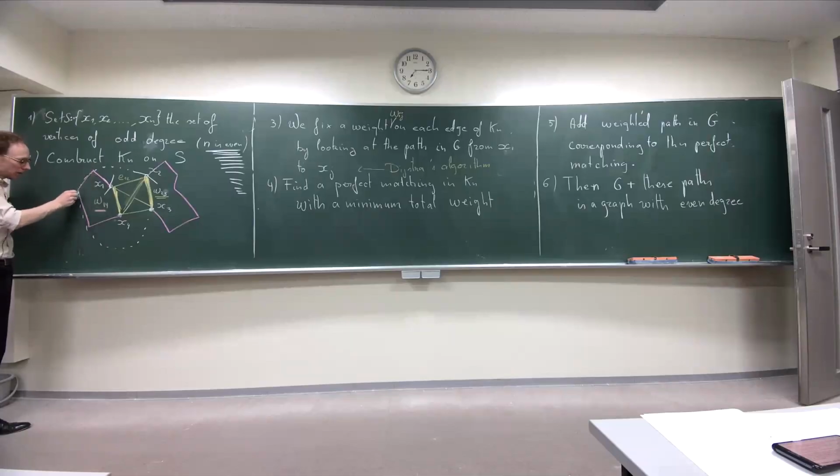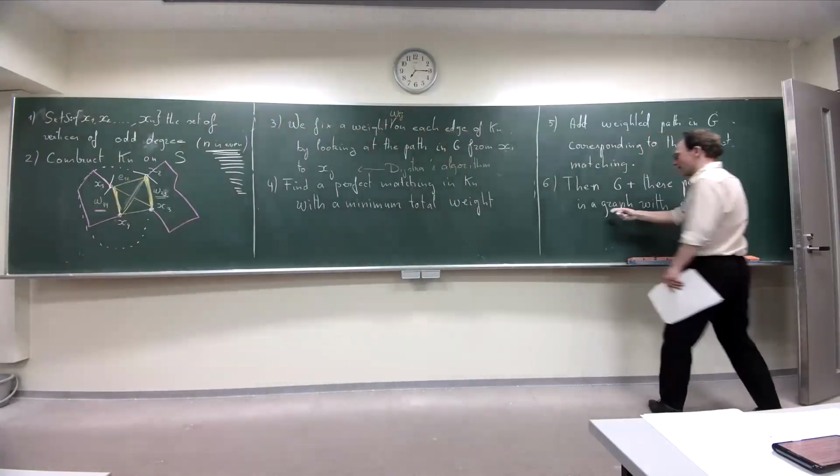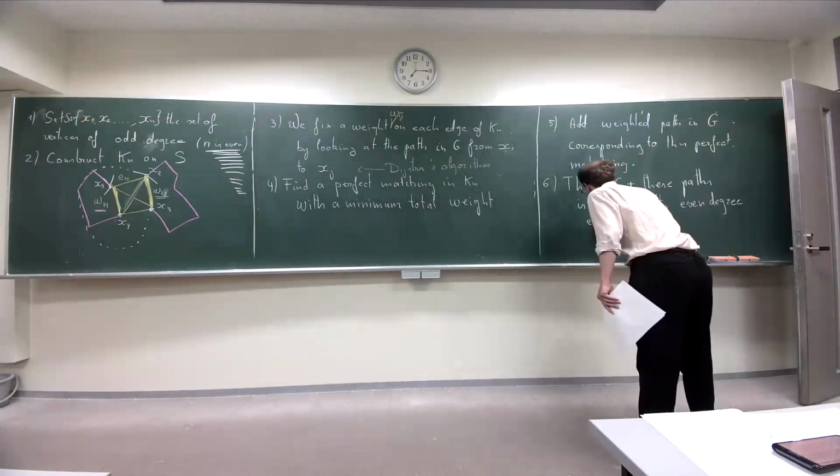Here the degree is again even, and this one had an odd degree. Now if I add 1 edge, it has this even degree. So I have changed the degrees at the odd vertices without changing the degree at the other one.